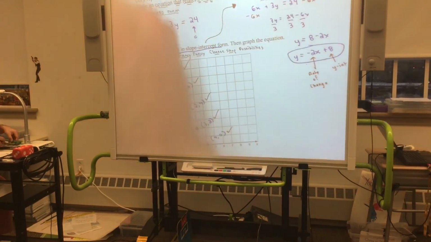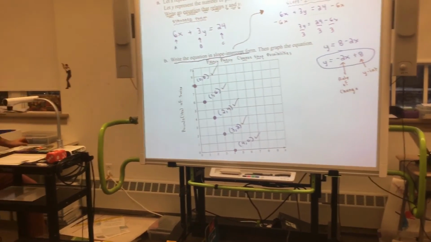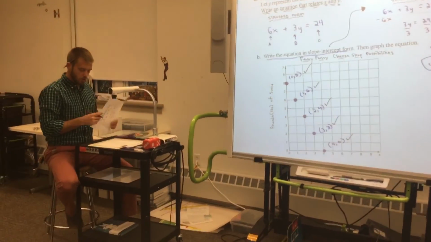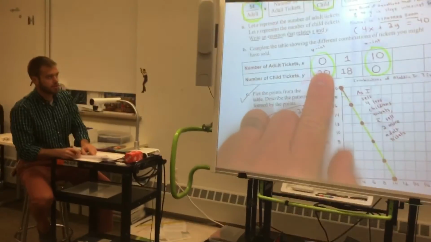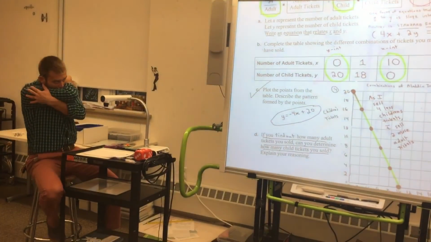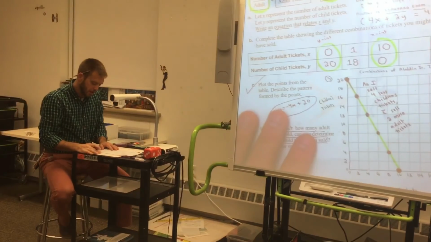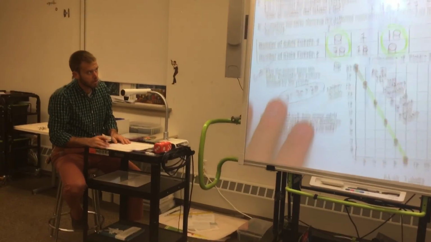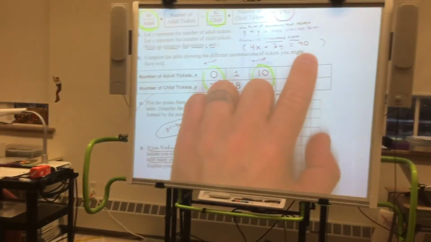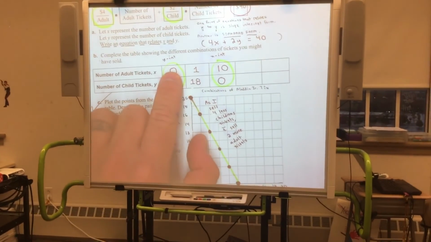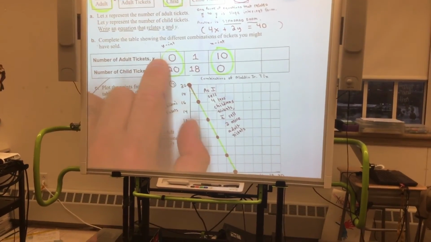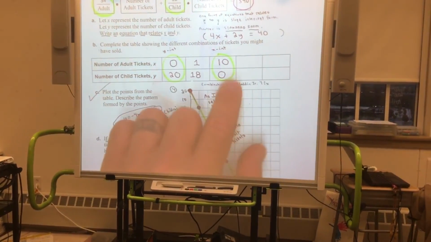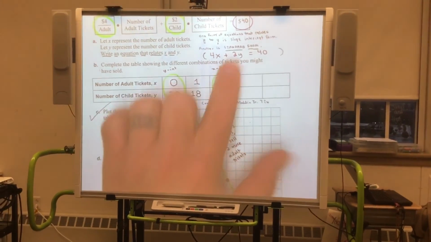So, to summarize standard form, we can find the y-intercept and the x-intercept using standard form, just using the equation as it is. We plug in 0 for x to find the y-intercept. To find the x-intercept, we plug in 0 for y.